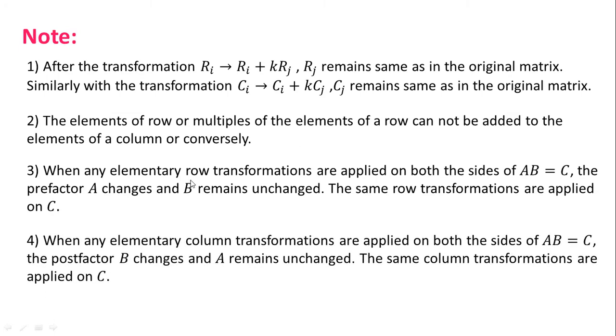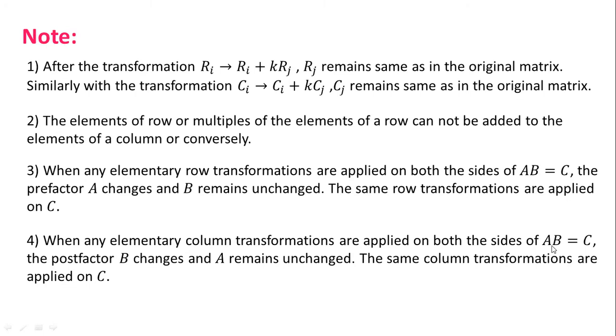Similarly, if you want to apply elementary column transformations on this equation, then the postfactor B changes. See here, postfactor B changes and A remains unchanged, and the same column transformations are applied on C. So whenever you apply a row transformation to this matrix equation, A changes, meaning the prefactor changes, and the right hand side changes.